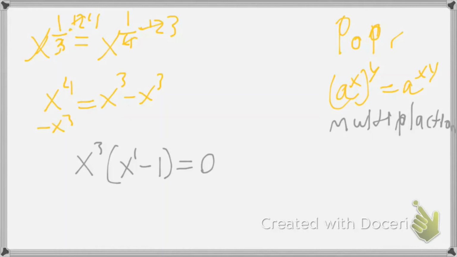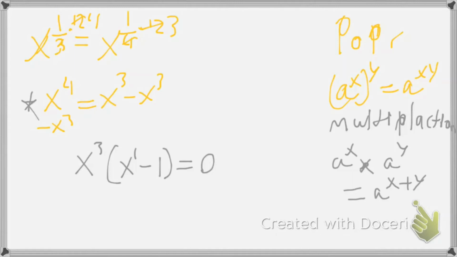What this says is that if I have a to the x times a to the y, that must mean a to the x plus y. So if you do x to the third times x to the first, that must mean x to the power of 3 plus 1, which is x to the power of 4, which matches here. So the factoring checks out.